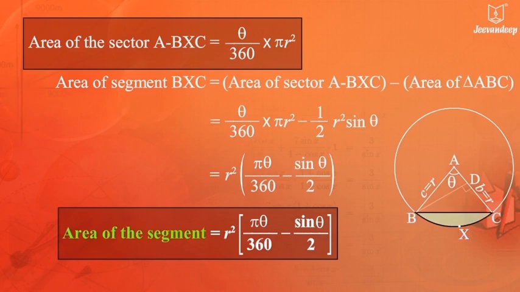Area of the segment equals r square multiplied by pi theta upon 360 minus sin theta upon 2.